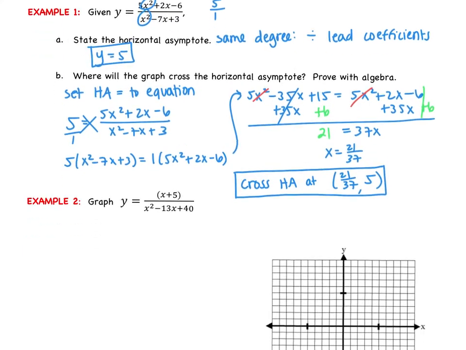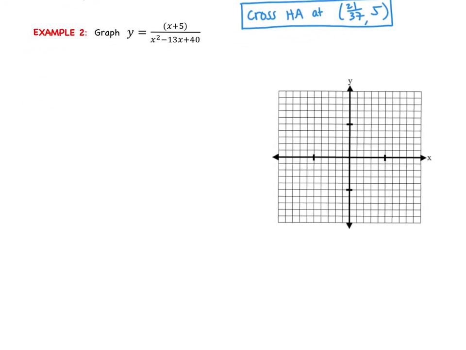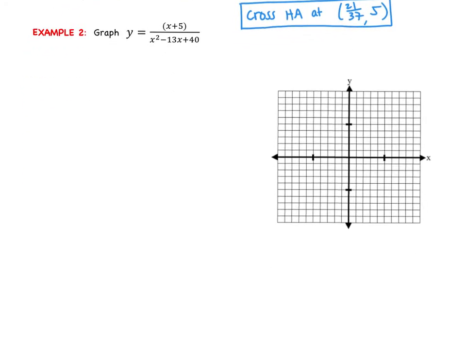Bless you. Example 2 is a graphing example. We are going to write down everything that you need to find. Before we do that, the first thing you always have to do, no matter what, is factor. So that's what we're going to do right now, we're going to factor. The numerator does not factor.